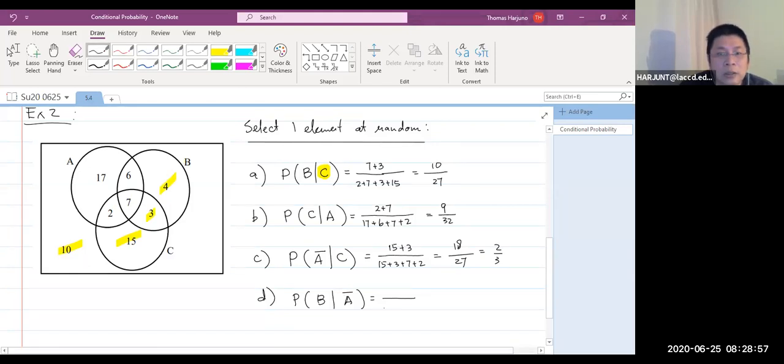So that's 10 plus 15 plus 3 plus 4. Of those not in A, how many are also in B? The ones in B are only these two. So 3 plus 4. That's 7 over 32.